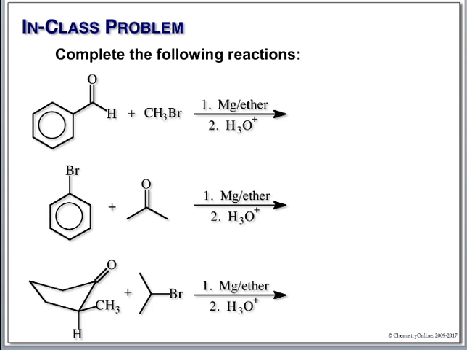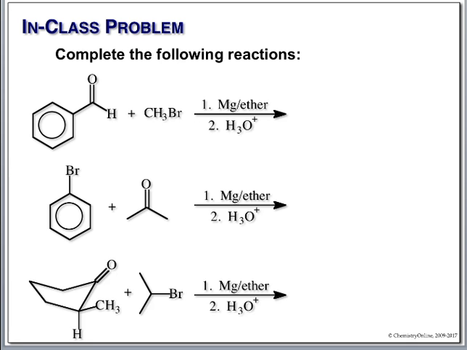Our first one here, we have bromomethane in the presence of magnesium and ether. What are we making? We are making methyl magnesium bromide. That's a Grignard reagent. Once we make that, we dump in benzaldehyde, do our reaction, work it up with water.